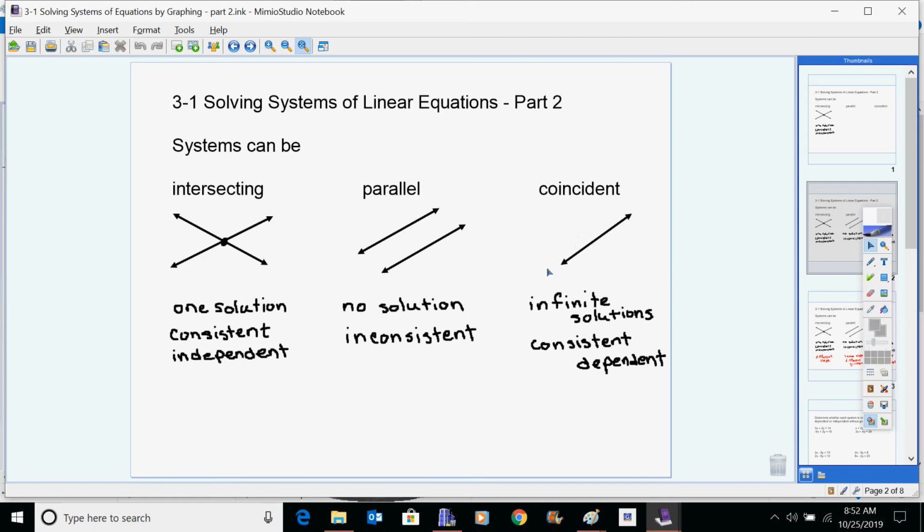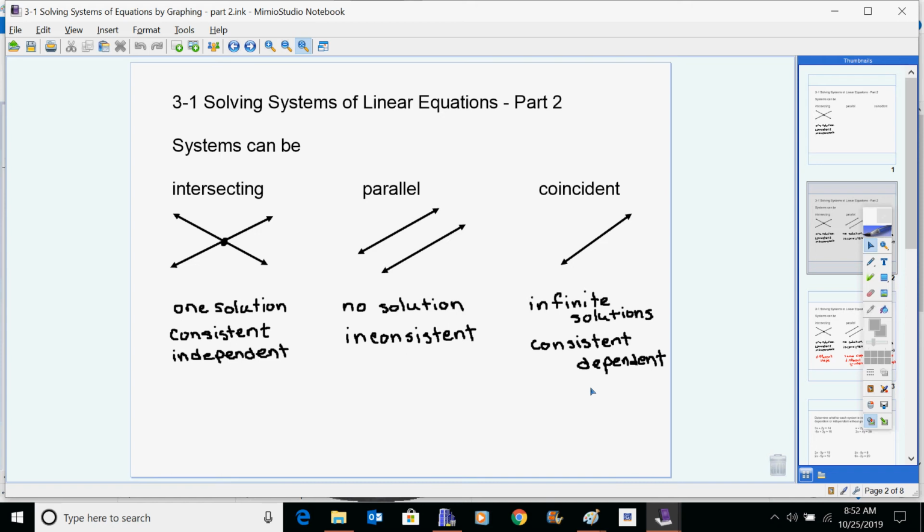I didn't even draw it twice because there's no point; the second one is right on top of it. That means there are infinite solutions. It's still consistent, meaning it has at least one, but instead of independent, it's dependent, because both of them are exactly the same, so they depend upon one another. So: one solution, no solution, infinite solutions, but we need to add to your vocabulary independent, inconsistent, and dependent.